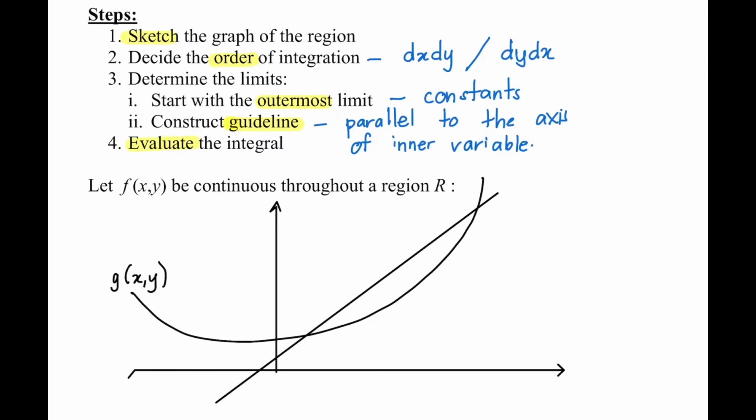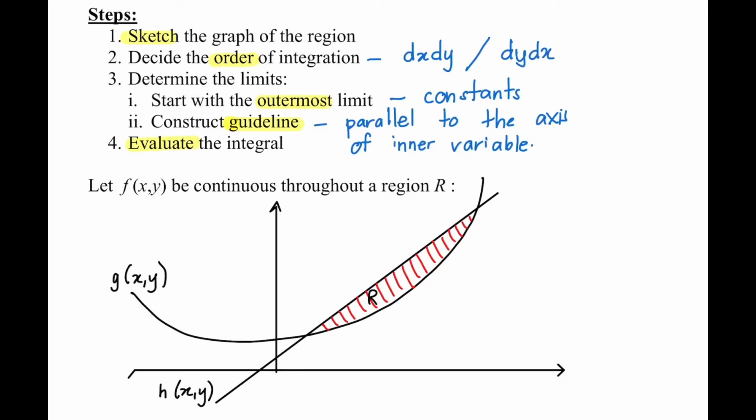Let's say this is of function h of xy. So where is the region R? The region R would be the region bounded by these two curves. So this is our region R.